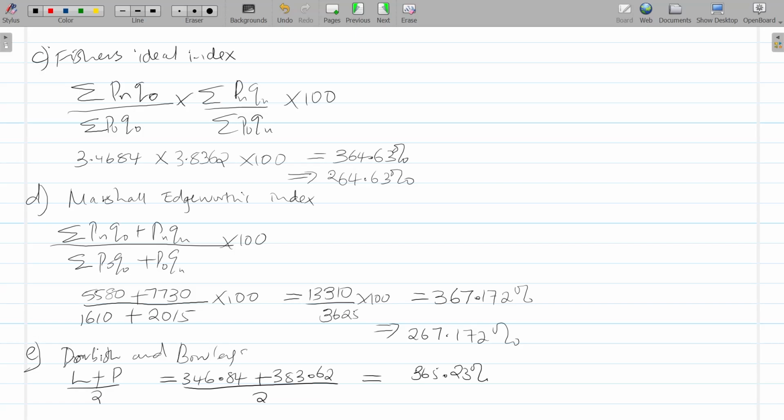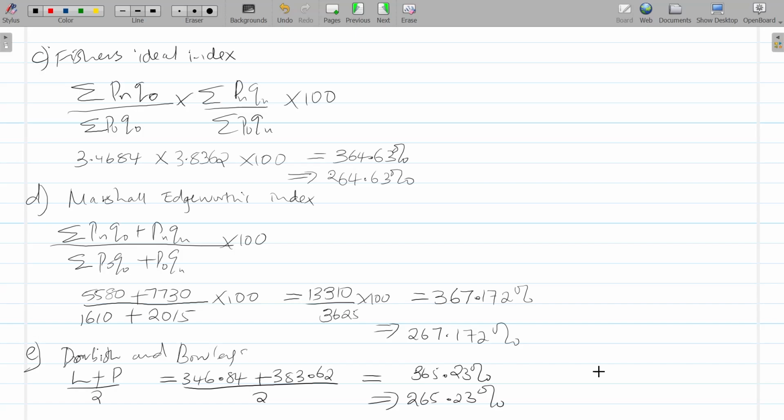So we add and divide by 2. I computed to get 365.23%, implying that there was a price increase over the years of the commodities by 265.23%.